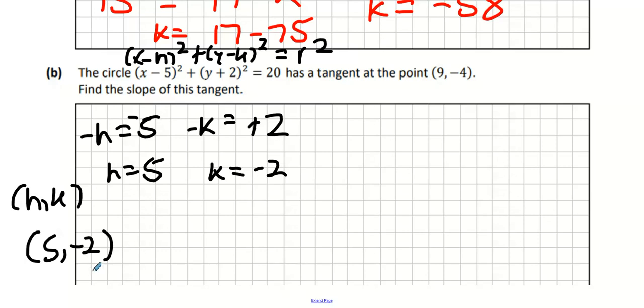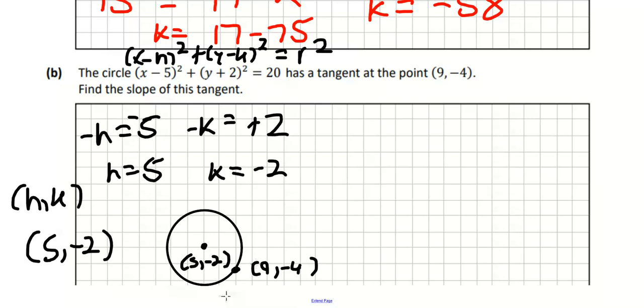Okay with you guys? Now, here's what we're looking at. If you draw yourself a little picture, what you have here is the center of your circle, 5, minus 2. And for argument's sake, you have 9, minus 4 down here. What you need to do is figure out the equation of a tangent. A tangent is a line that goes through the point and only touches the circle once.